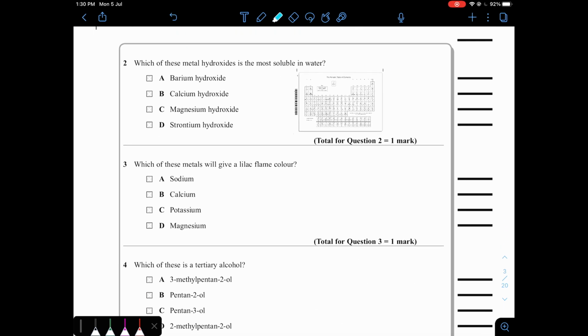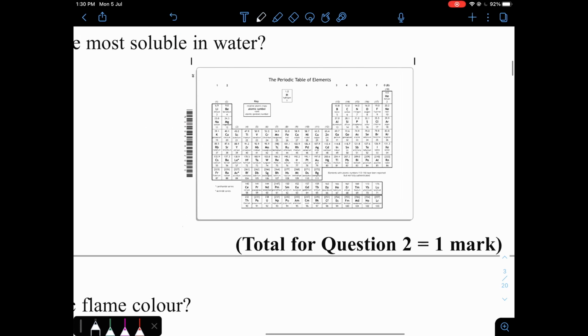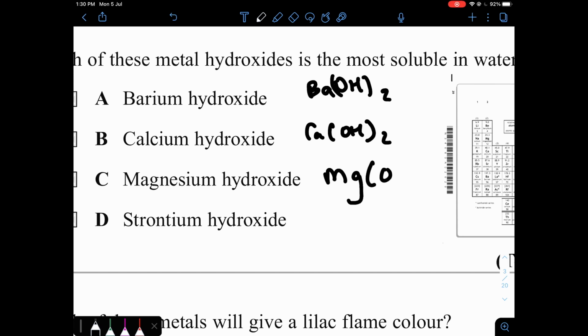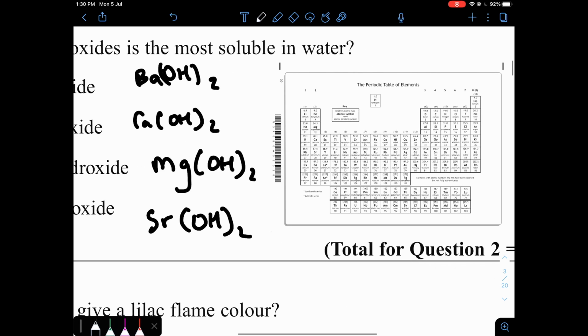Which of these metal hydroxides is the most soluble in water? In order for us to understand this, we have to look at the group. We have barium hydroxide, calcium hydroxide, magnesium hydroxide, and strontium hydroxide.